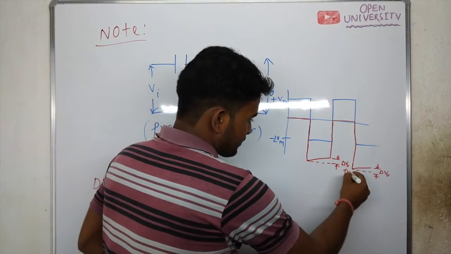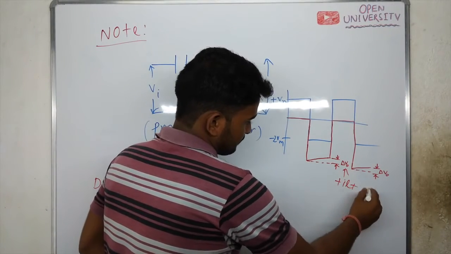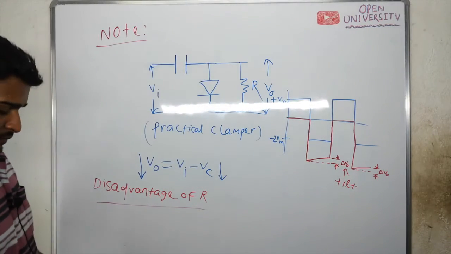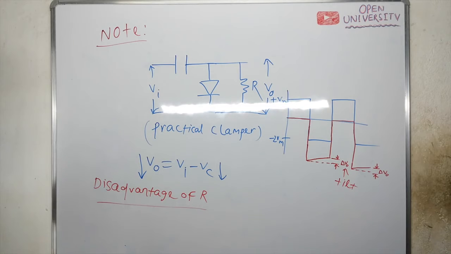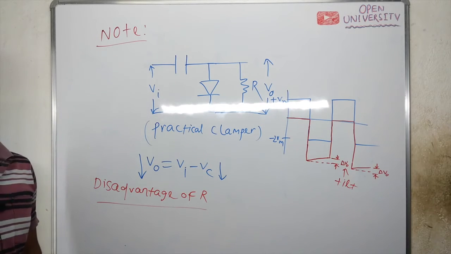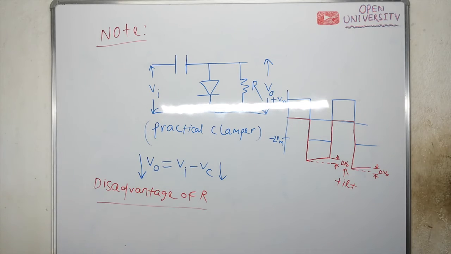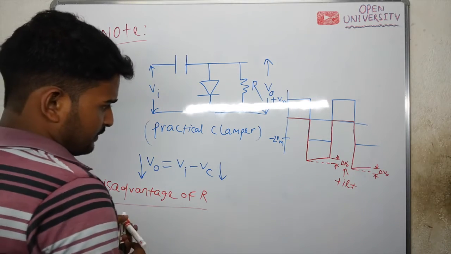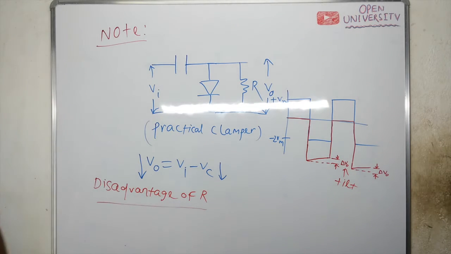This delta V0 is called the tilt. This tilt is occurring due to the decrease in output voltage. Now, how to calculate this tilt?